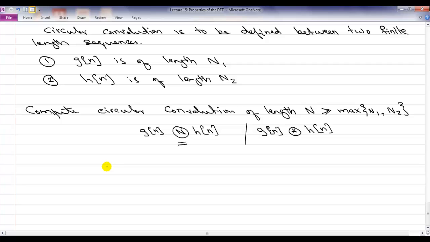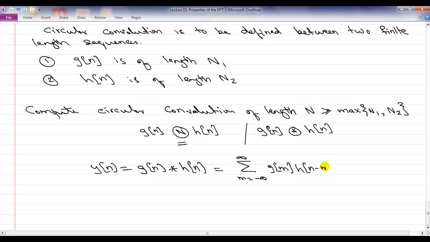So what is the formula for linear convolution? We know that it's y[n] equal to g[n] convolved with h[n]. That is simply equal to the sum over m from minus infinity to infinity of g[m] h[n minus m]. That's the general formula. Let's assume that N1 equals N2 equals capital N, just for the sake of argument.